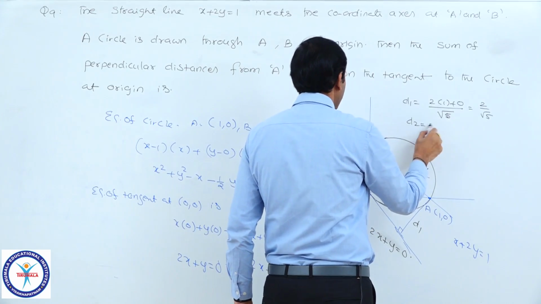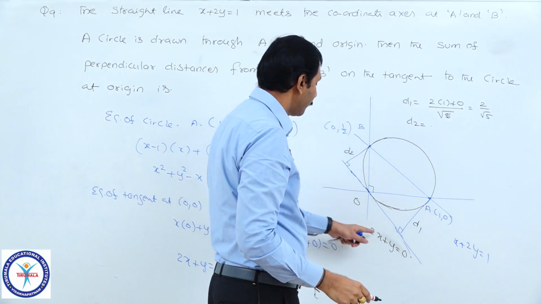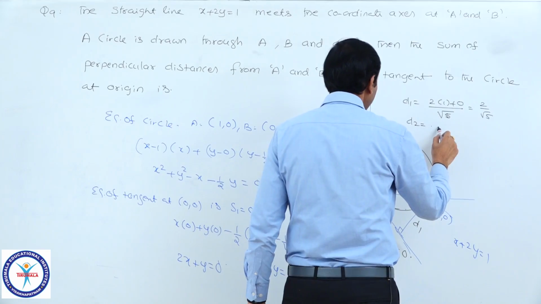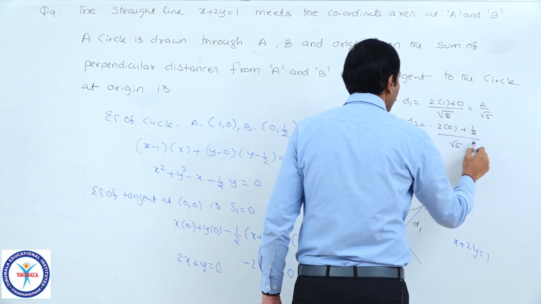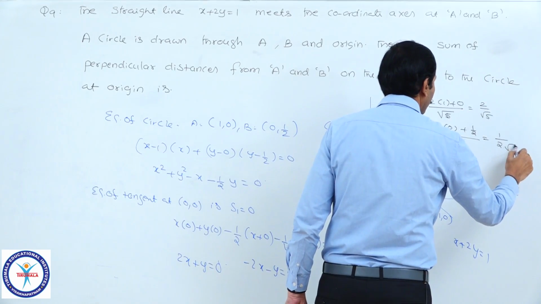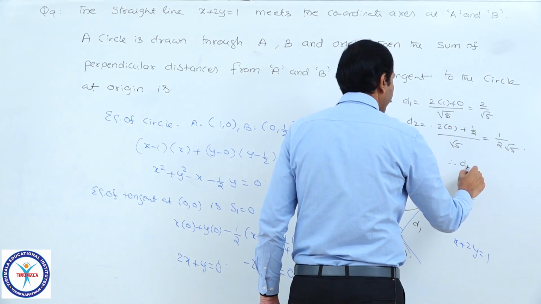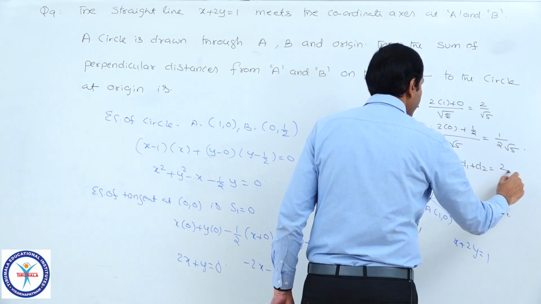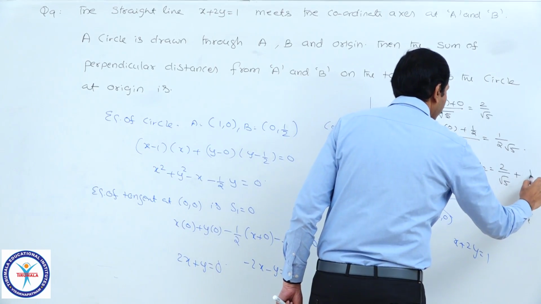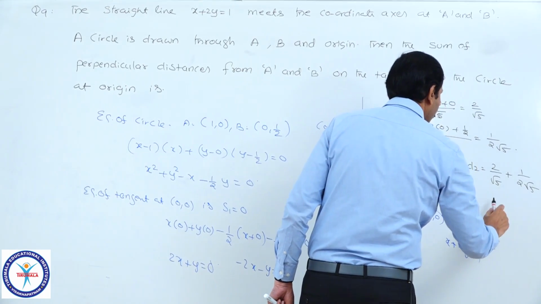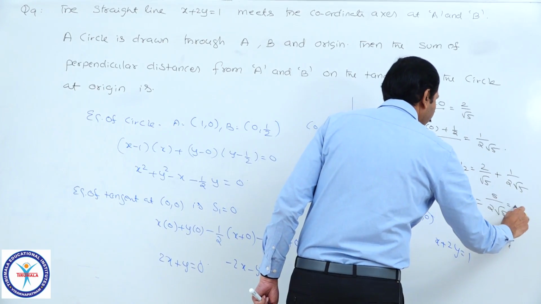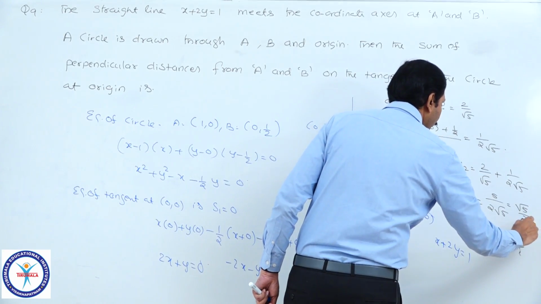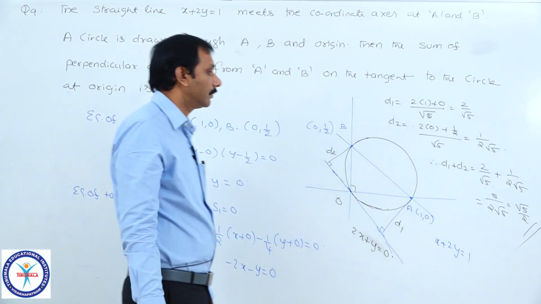And d2 is the perpendicular distance from (0, 1/2) to this line: (2 × 0 + 1/2)/root 5 = 1/(2 root 5). Hence, d1 + d2 = 2/root 5 + 1/(2 root 5). The LCM is 2 root 5: (4 + 1)/(2 root 5) = root 5/2, which is the answer.